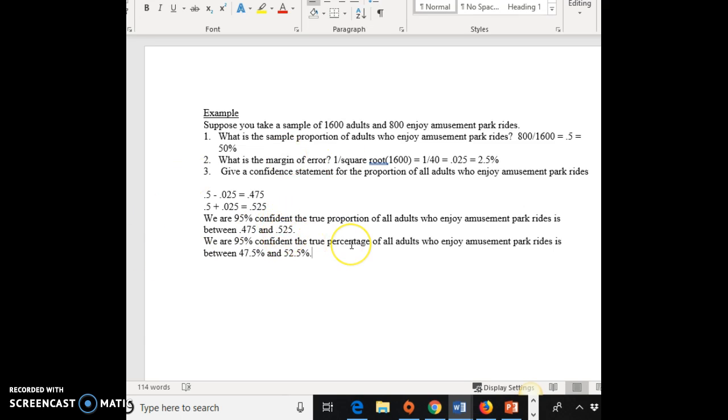All right, and notice the second statement, when we're so used to using percentages, makes a little more sense to us than thinking about the proportions. But in your head, you can always kind of make this conversion if it makes more sense to you. Be careful on a test: if it's asking for a confidence statement for the proportion, you want to give this first statement. If it's asking for a confidence statement for the percentage, you can give this second statement.